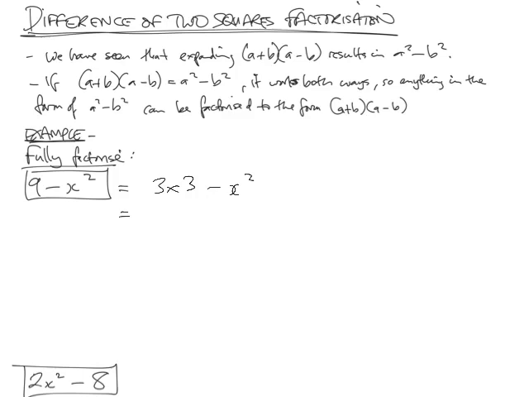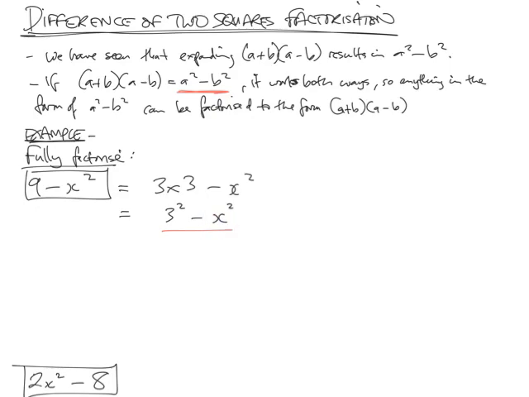And 3 times by 3, or any number times by itself, is squared. So we have 3 squared take x squared. And now do you see that this is in this form? Hopefully you do. We have a squared, which is 3 squared, and b squared, which is x squared.